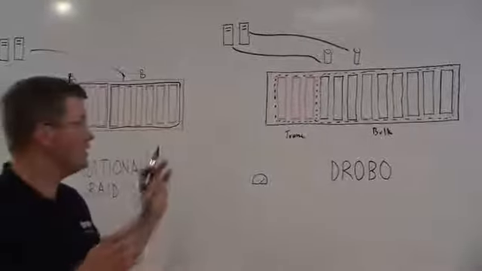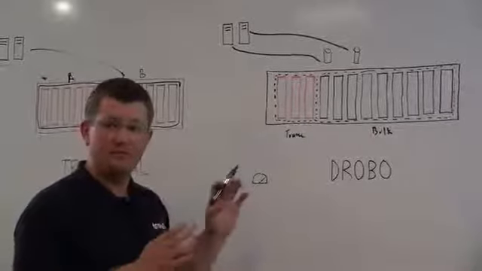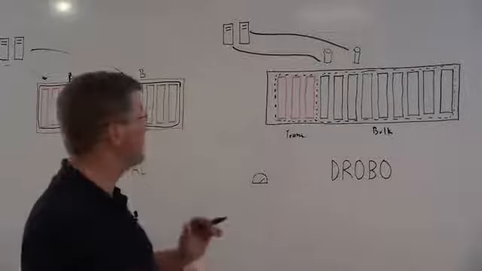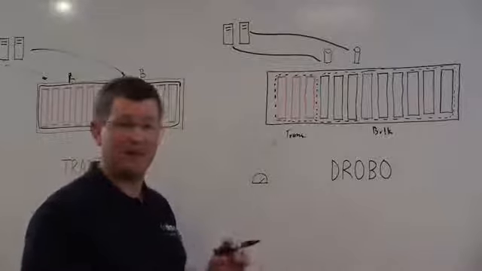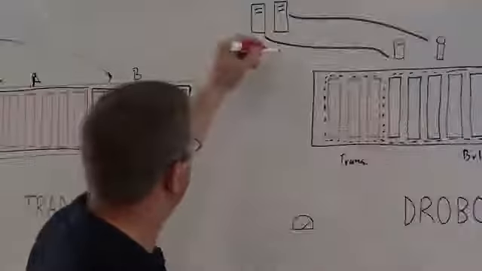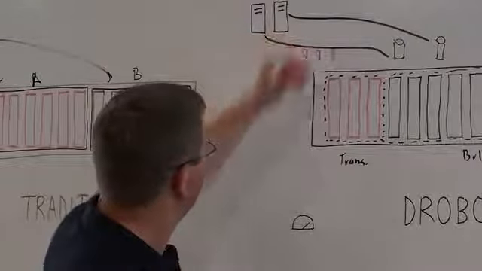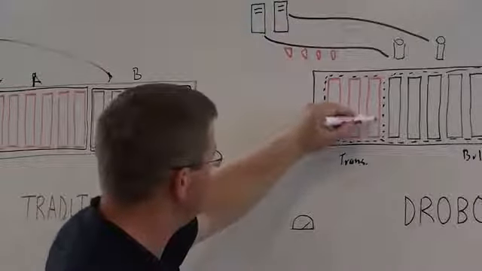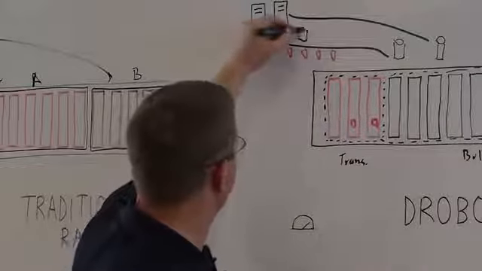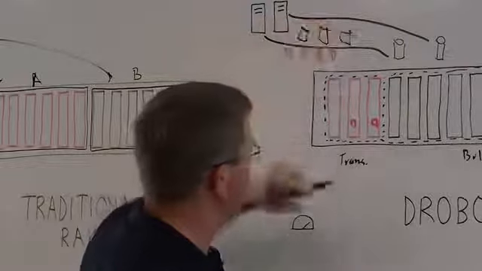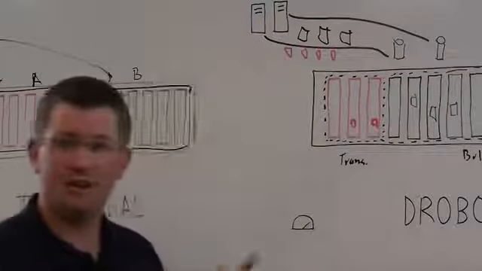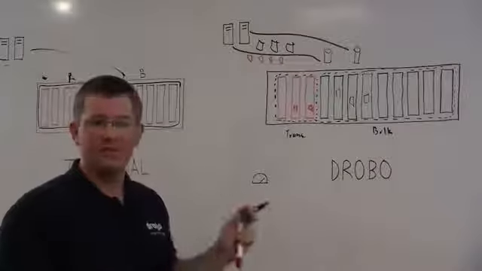So if the data is transactional in nature, a lot of smaller IOs, random IOs, types of data patterns that can take advantage of high-performance disk, that data, so let's say this is hot data, will automatically be placed on the SSDs. Data that is streaming in nature, bigger IOs, more sequential IOs, will automatically go into the bulk tier, or onto the hard disk drives. And all of this happens automatically.